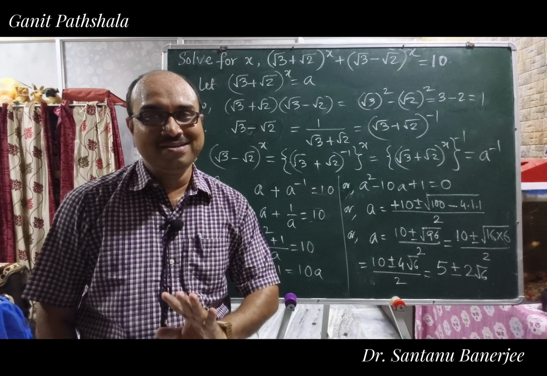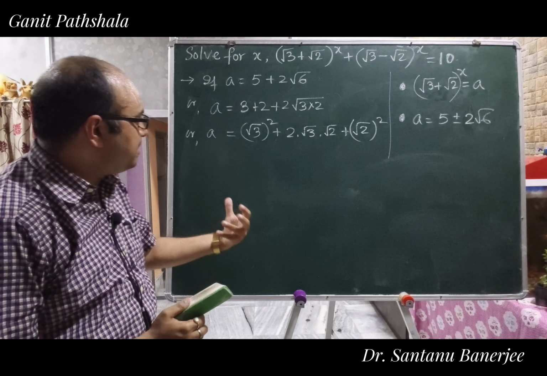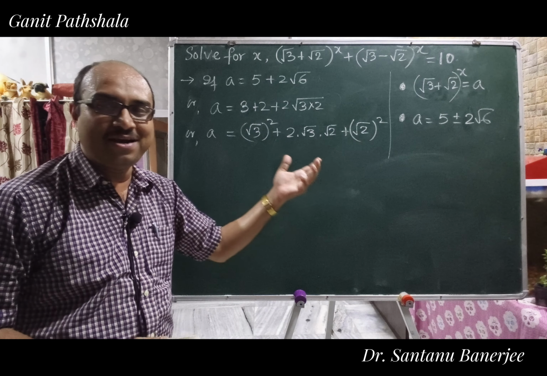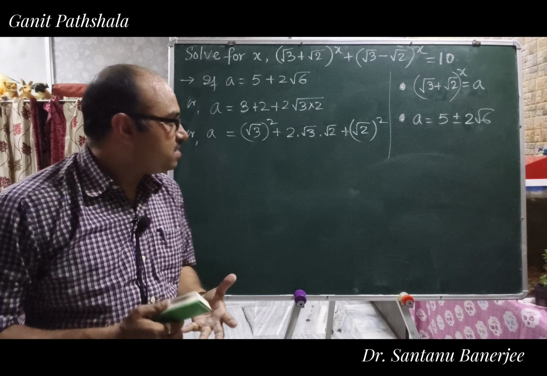Okay, so we have just adjusted these 5, root 6 and all these things in such a way that it comes in this form. Now this is nothing but a square form. See, you can write this one as root 3 plus root 2 whole square.